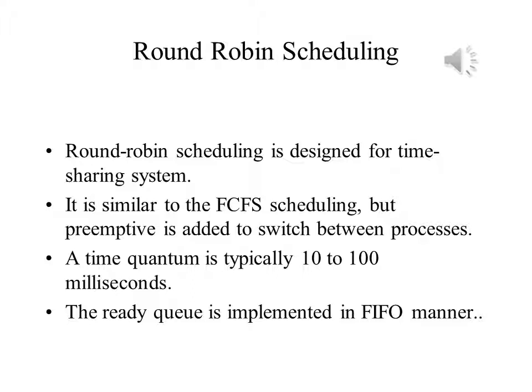The length of a time quantum varies from system to system, with typical values being between 10 and 100 milliseconds. The ready queue is usually implemented in a first in, first out manner, but that doesn't have to be the case.